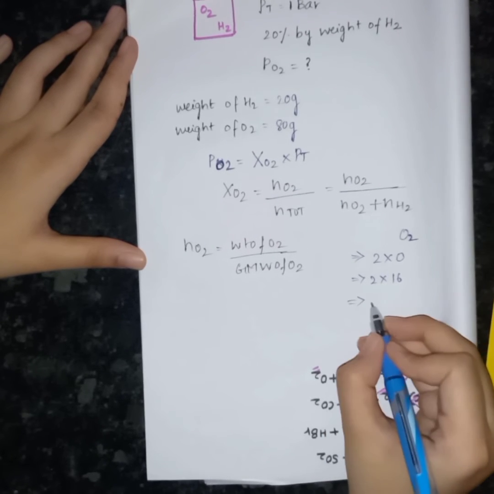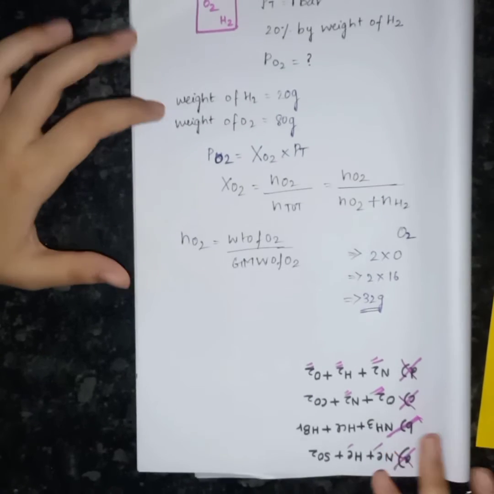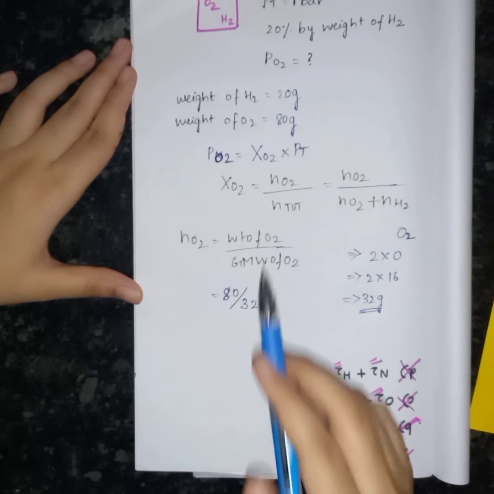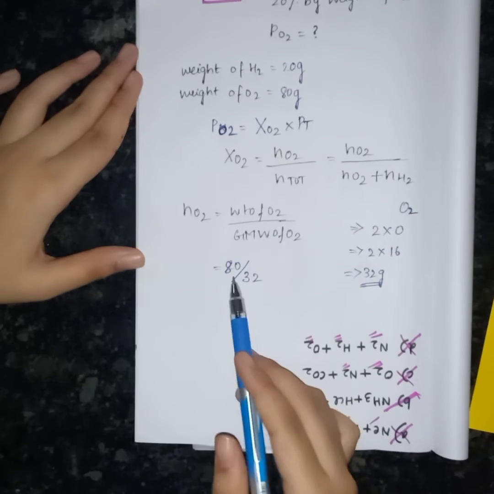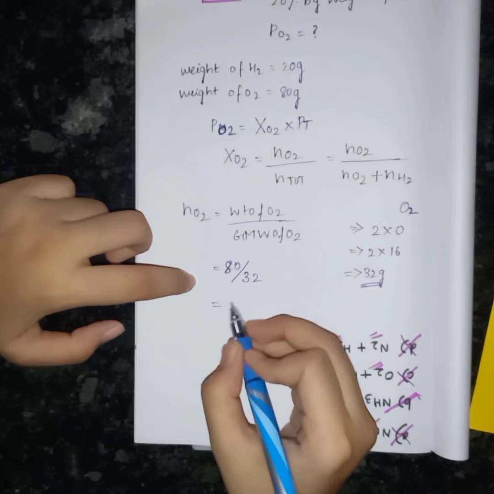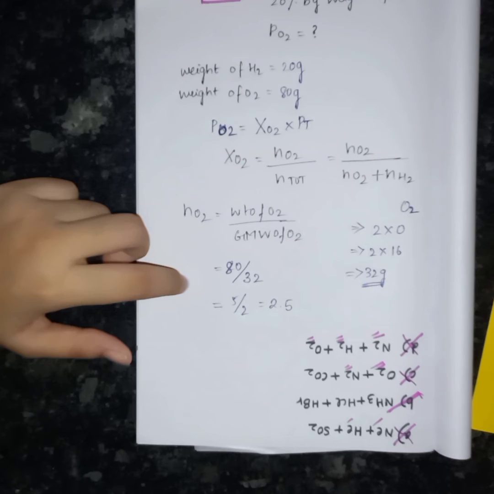Therefore, 2 into 16 gives 32. 32 is the gram molecular weight of O2. Number of moles of O2 is equal to weight of O2 by gram molecular weight of O2. Weight of O2 is 80 gram. 80 divided by 32 gives 5 by 2, which is equal to 2.5.